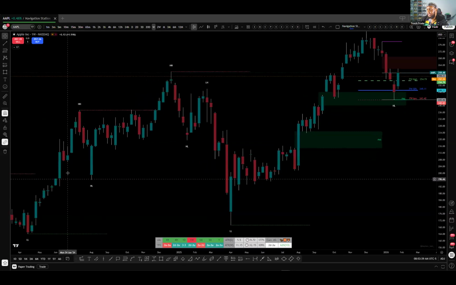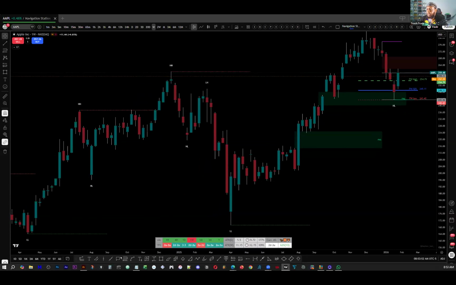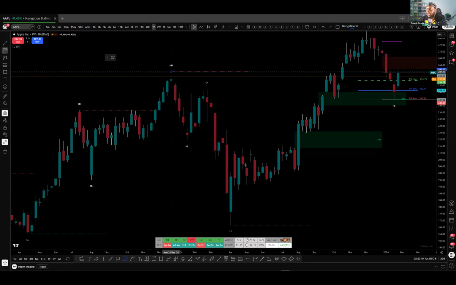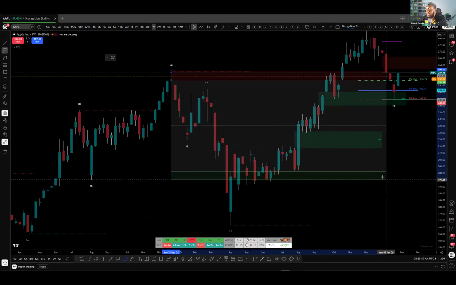And where my horizontal line is right now, it's been bouncing from that level. So what I'm going to do is draw a box from this swing high to this area here where price is actually finding support.